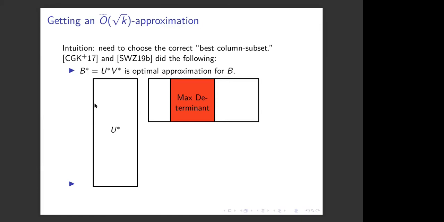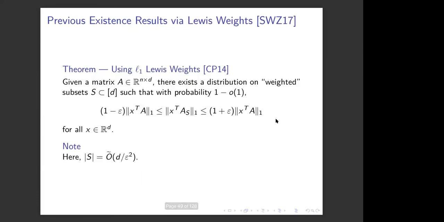So instead, we look at a different notion of the best column subset. Once we sample B, we need to find out what is the best subset of B that we use to cover another column. To do this, the first tool that we use is sampling by Lewis weights. Let me just give a short overview of this.